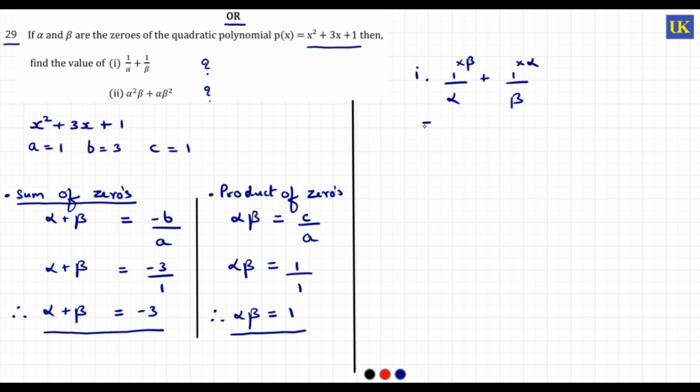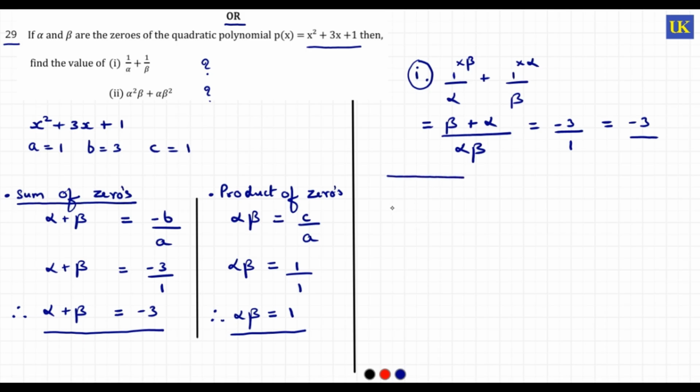So it will become beta plus alpha upon alpha into beta. So beta plus alpha or alpha plus beta, it is one and the same. So we can take this minus 3 value here, and alpha into beta is 1. So the answer for the first question is minus 3.